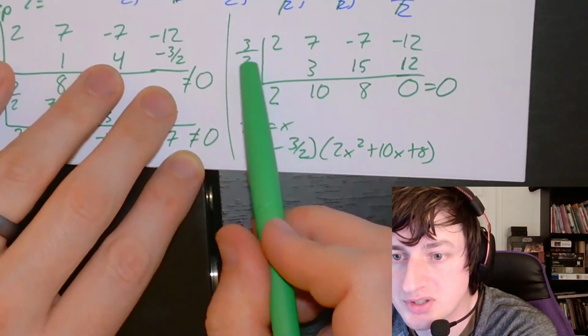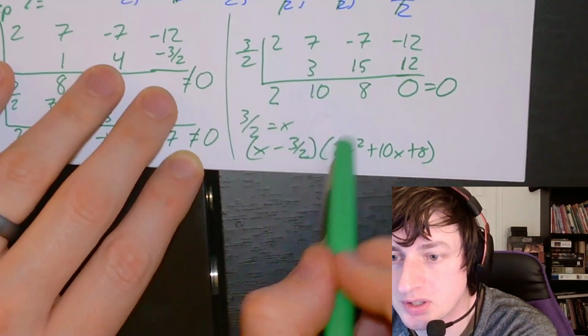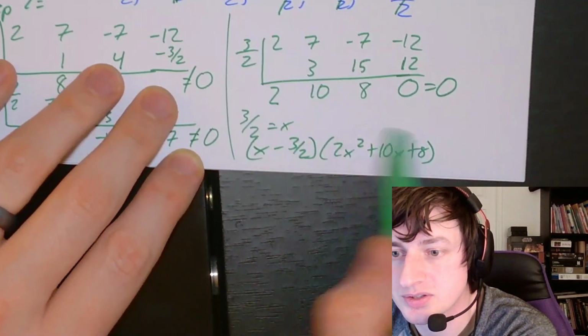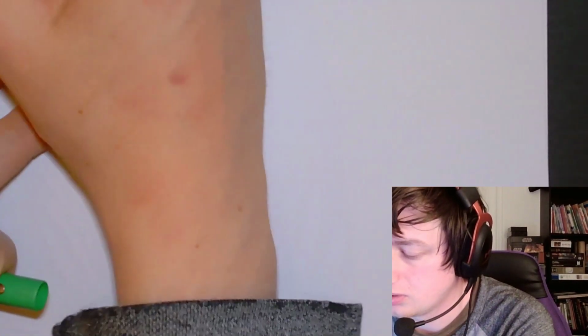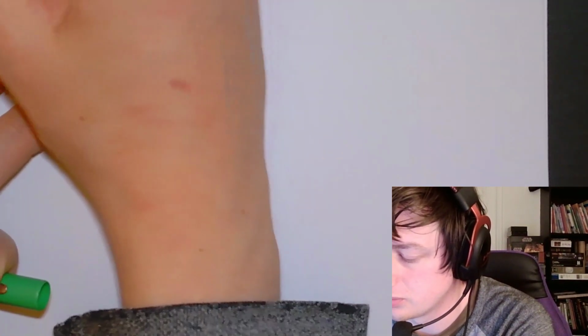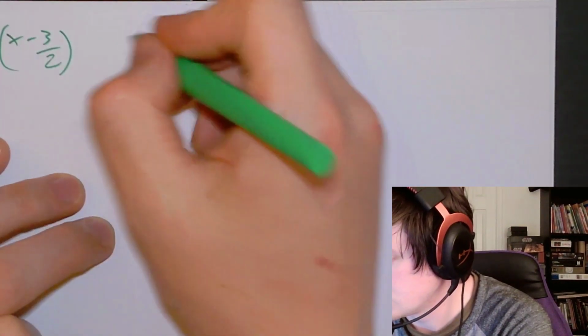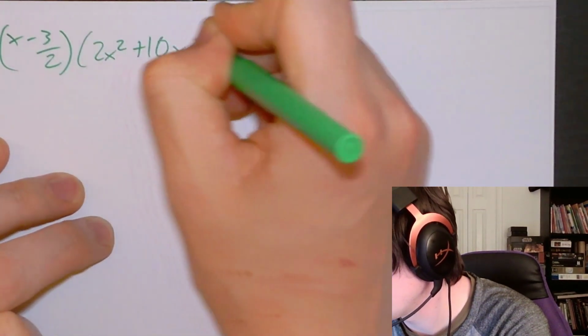We're just using the opposite of whatever this number is. And then we're using the coefficients from our synthetic division to write our next polynomial. And we got to fix this because it's got a greatest common factor. So x minus 3 over 2 times 2x squared plus 10x plus an 8.